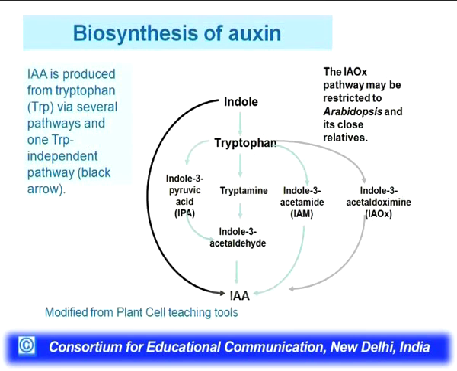You can see here a similar slide where the structures are not shown, but you can see tryptophan, tryptamine, indole 3 acetaldehyde, indole 3 pyruvic acid, indole 3 acetamide, and with the help of these intermediates tryptophan converts into auxin. There is also one pathway called the tryptophan independent pathway, by which indole can directly convert into IAA, the major form of auxin.